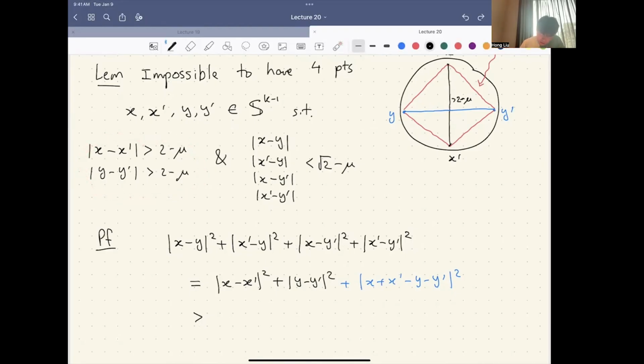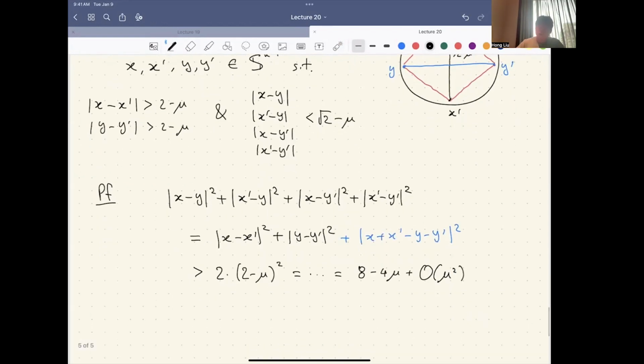So we have 2 times 2 minus mu squared. If you do the computation, it equals 8 minus 4 mu plus some lower order term of order mu squared. That's how we lower bound it.